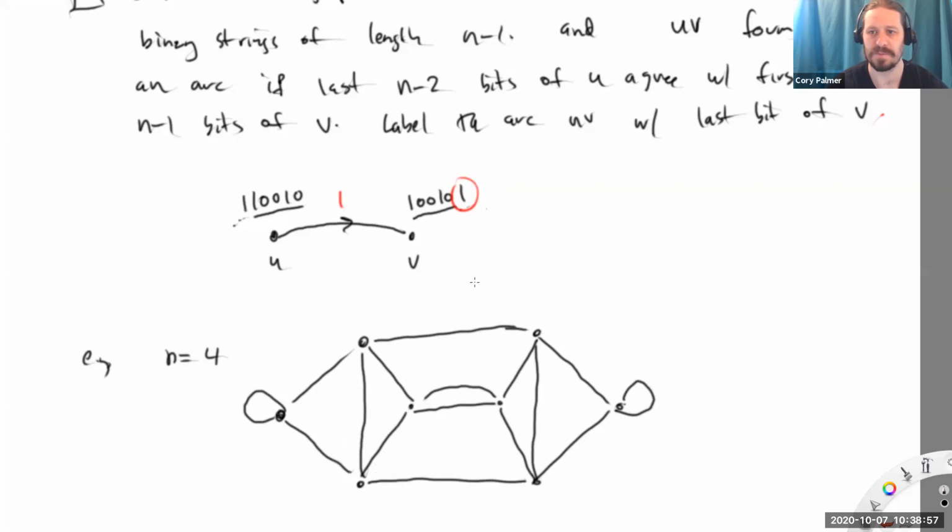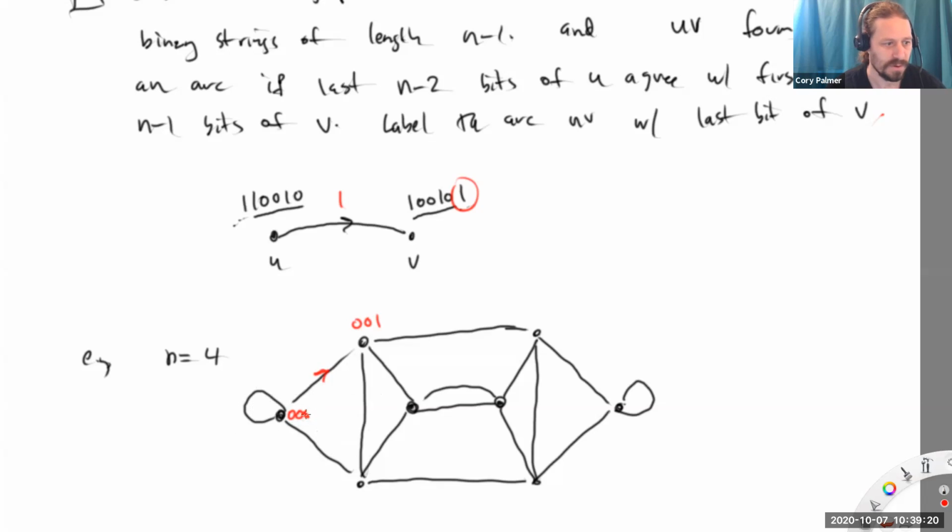I didn't specify clearly, but this is a multi-digraph. We actually have loops and we have a multi-edge here. And the vertex labelings, let me put them in red here. So this is 0, 0, 0. This is 0, 0, 1. So that edge is permissible, it makes sense. They agree, and actually that edge would be pointing in that direction as well.